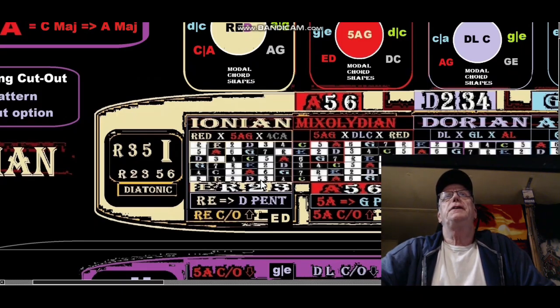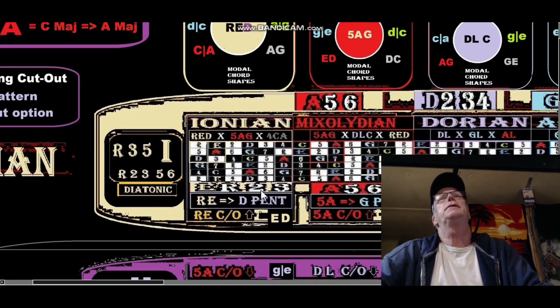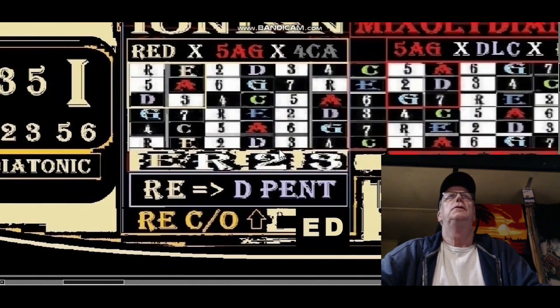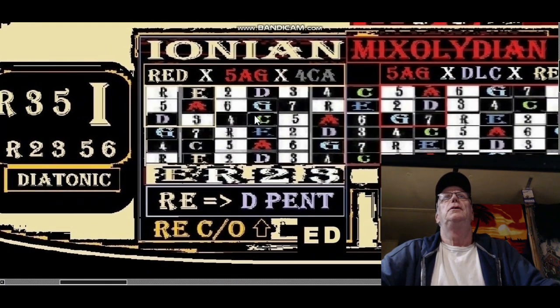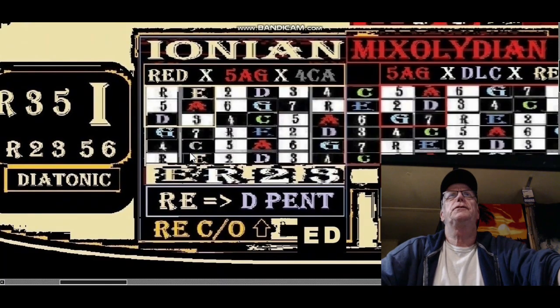So that's our diatonic in the Ionian box, obviously starting with the root here. So it's the RE string shape. The RE string shape's root 2, 3. If we learn the string shapes, it makes it easier. But let's just finish up with the cutout. So the RE cutout, and then we'll look at string shapes.